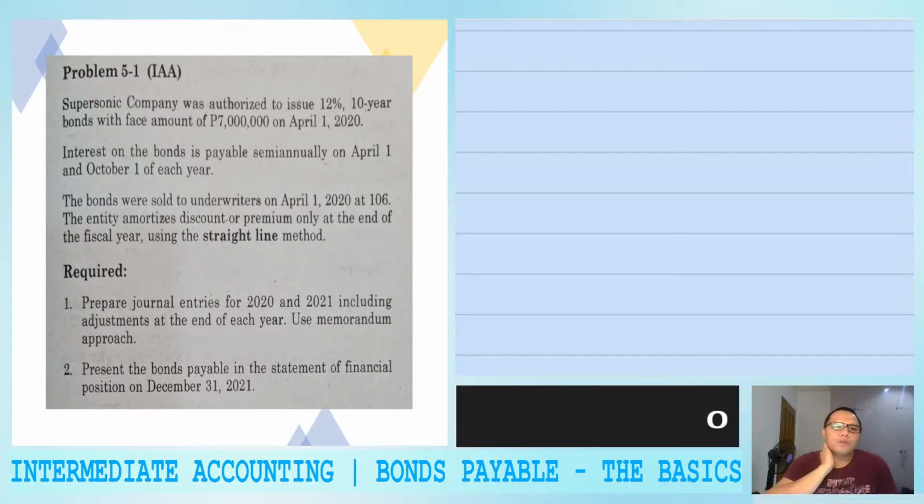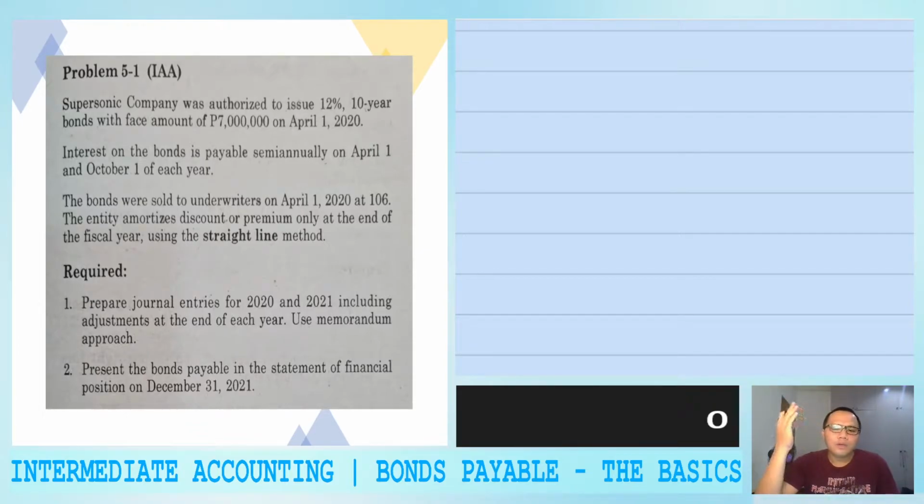So Supersonic Company was authorized to issue 12% bonds with a face amount of 7 million on April 1, 2020. The interest on the bonds is payable semi-annually on April 1 and October 1 of each year, and the bonds were sold on April 1.